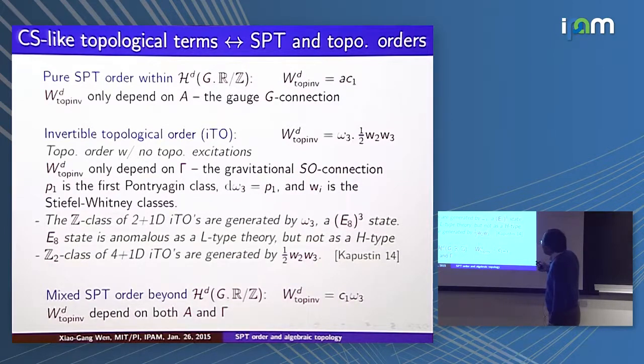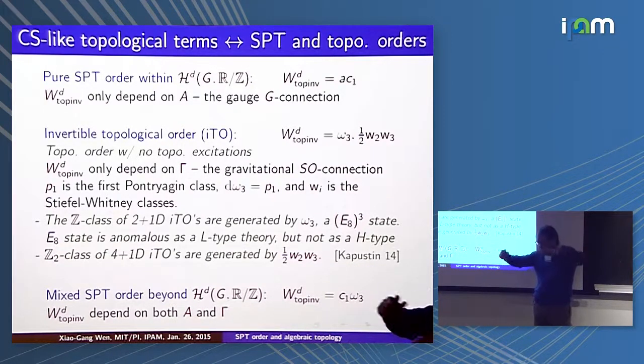Let me put it this way: I have a model to produce 2+1D invertible topological theory with central charge 24. I failed to produce a model with central charge 8. Maybe it exists, but I failed to find an L-type model to produce 8. I don't know what kind of L-type model can produce 8.